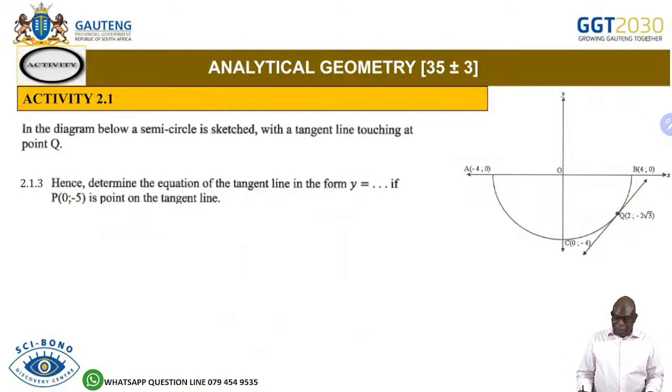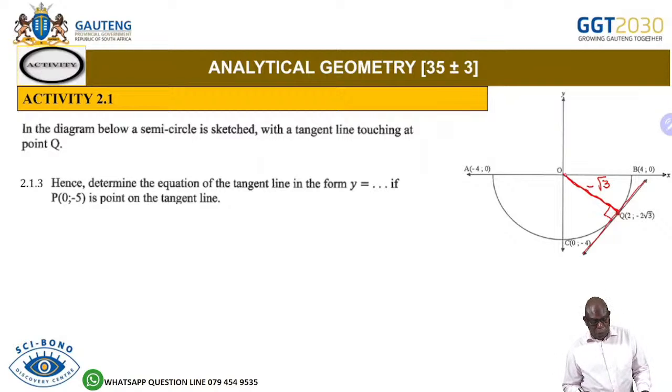Now the next question, continuing with that question: what do I know? I know the equation of the circle. I know the gradient of OQ is negative square root of 3. How do I know that it is a negative gradient? The tangent is going to have a positive gradient. Remember, this line is perpendicular to that.